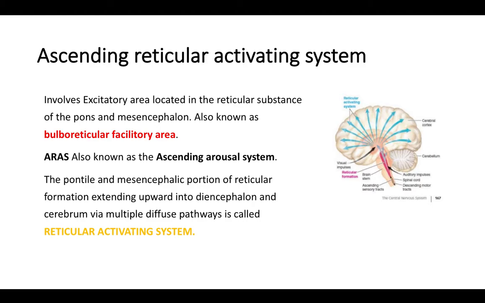The ascending reticular activating system extends upward into the diencephalon and cerebrum via multiple diffuse pathways. So this entire system, which constitutes fibers from the pontine and mesencephalic portions of the reticular formation, along with the diencephalon and cerebrum with its multiple diffuse pathways, is called the reticular activating system, and it is also known as the ascending arousal system. Now you can see here how the pathways are diffused into almost all areas of the brain.